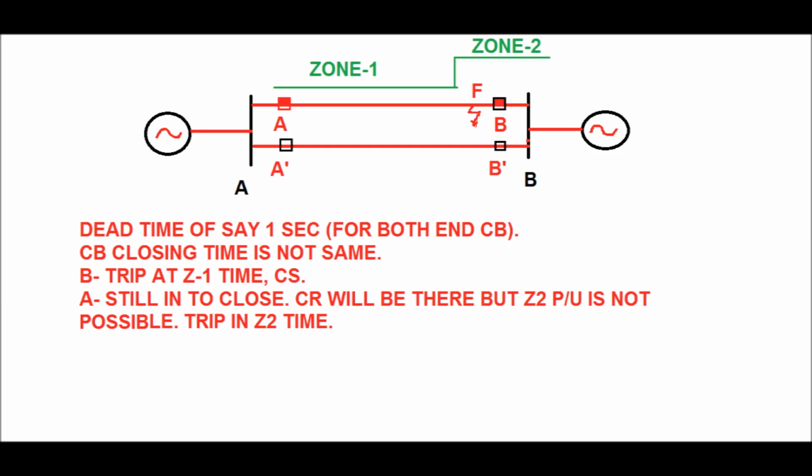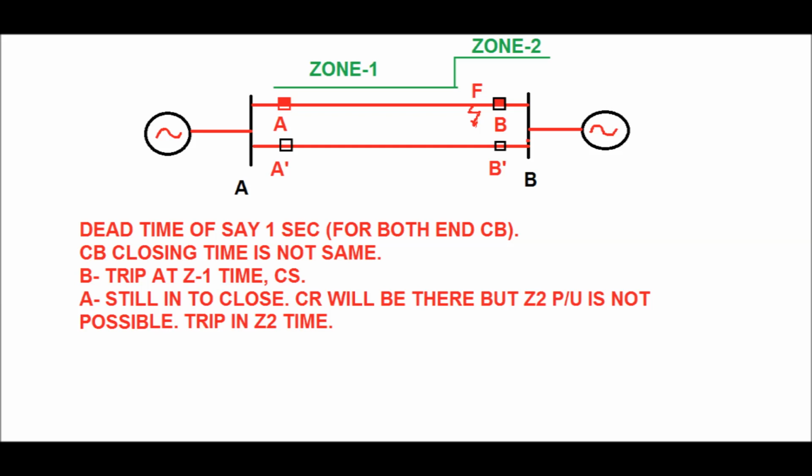Now after a dead time of 1 second for the CB at both substation ends, the CB closing time is not the same for the breakers at substation A and substation B, as CB closing time varies with CB manufacturing.